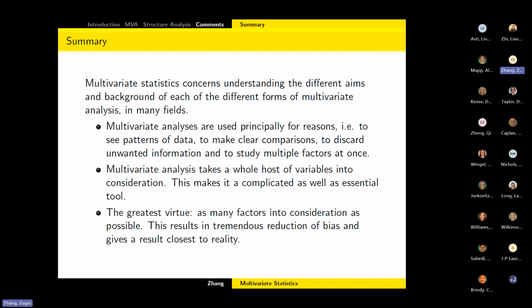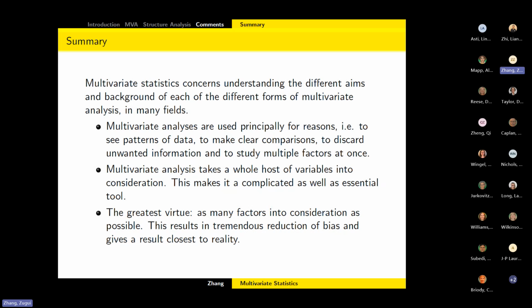There is some specific software like Mplus and others for us to run multivariate statistics. One of the important things for multivariate statistics is that it takes as many factors into consideration as possible, which means we could have a pretty complicated relationship among the outcome variables and the independent variables. And also we can consider the different relationships. So these results can bring a tremendous reduction of bias and give us results closer to reality.